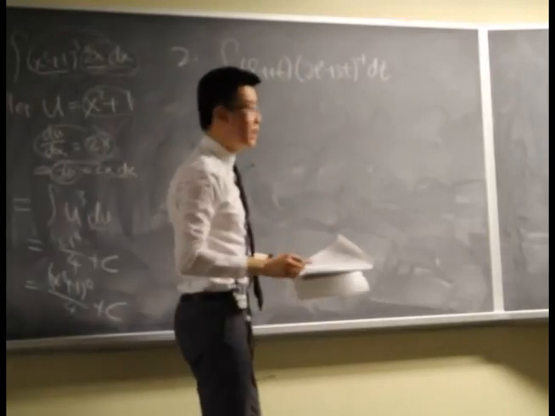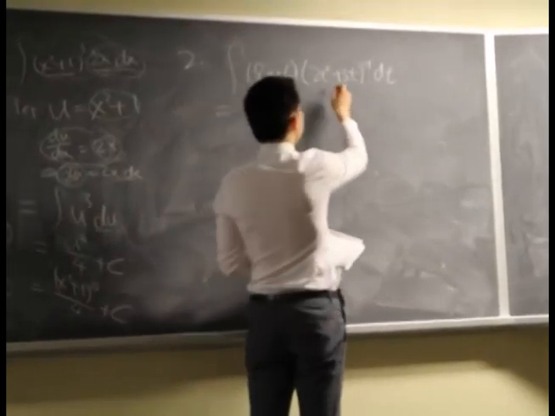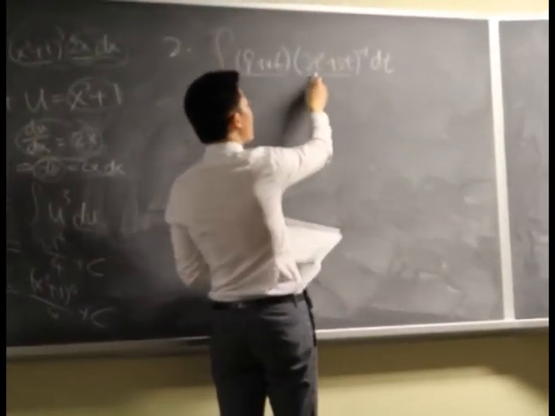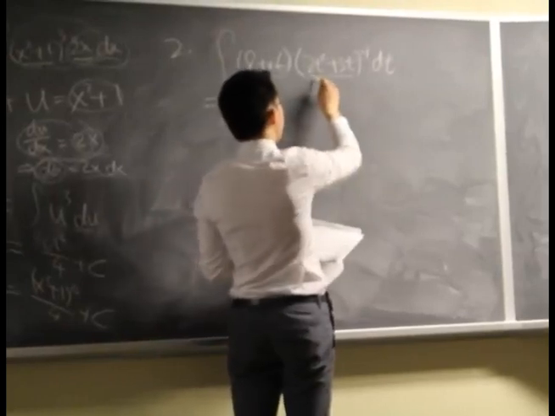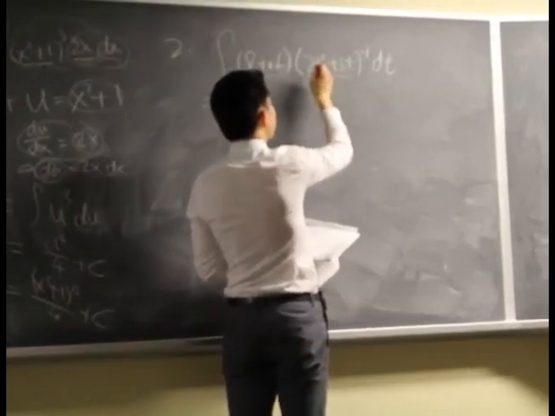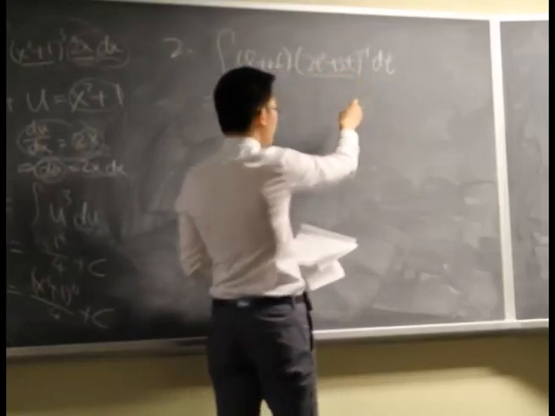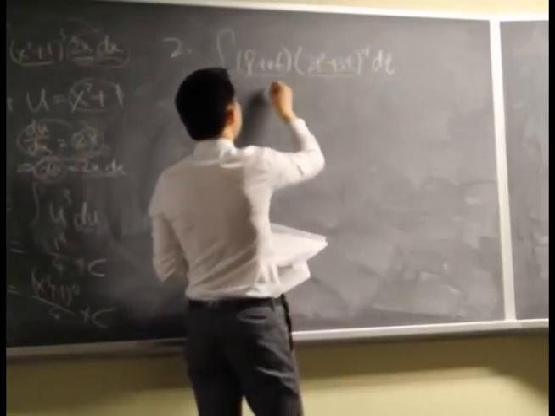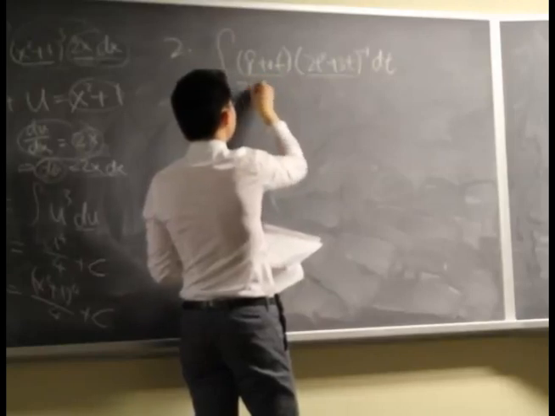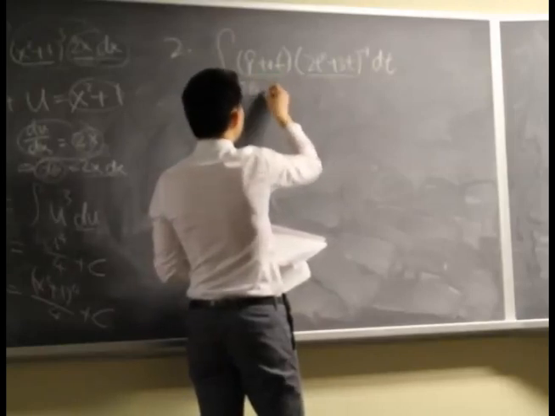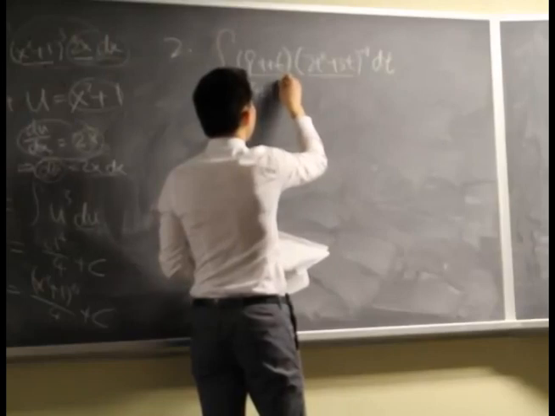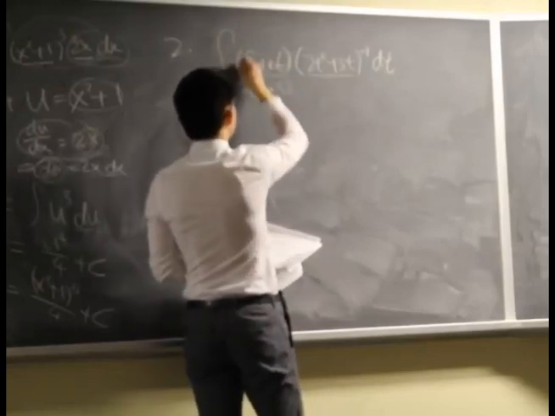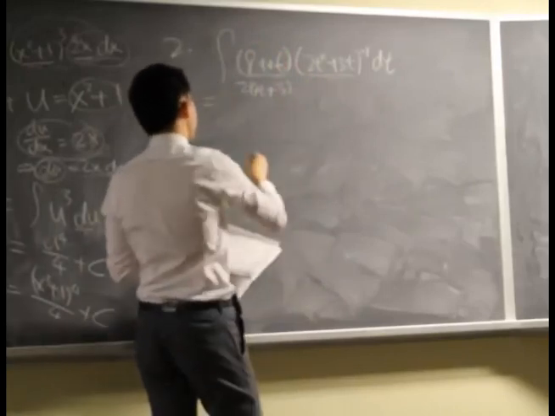So again, we want to recognize the integrand as a product of an expression and its derivative. As we see, this kind of recognition comes through practice, but you can probably see that the derivative of 2t squared plus 3t is 4t plus 3.